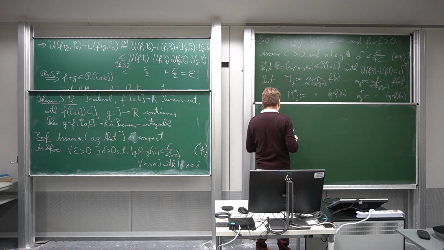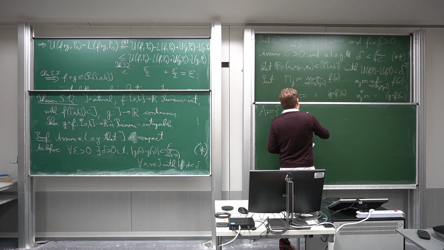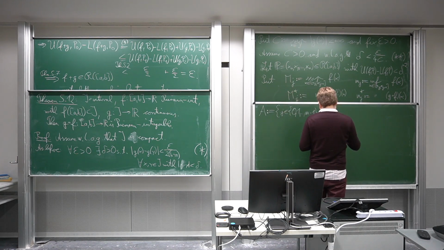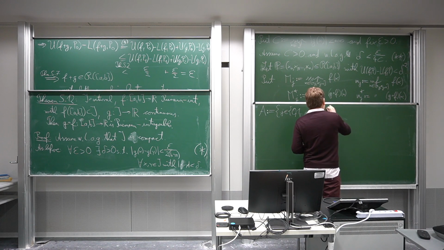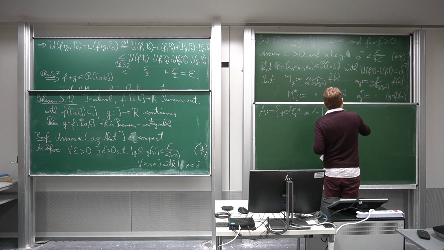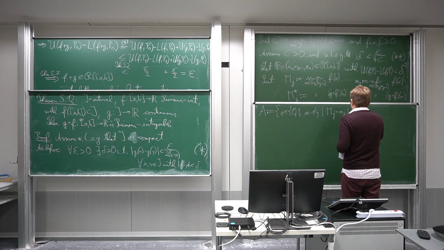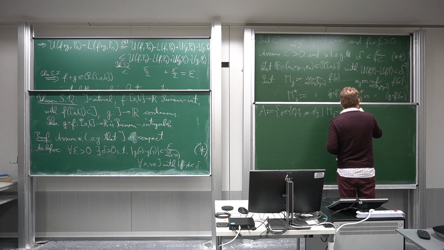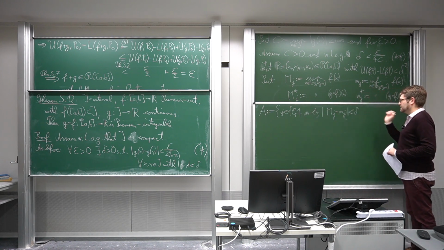First of all, we let A be the set of all indices j between 0 and n-1 such that Mj minus small mj is smaller than delta. So the sup and the inf.